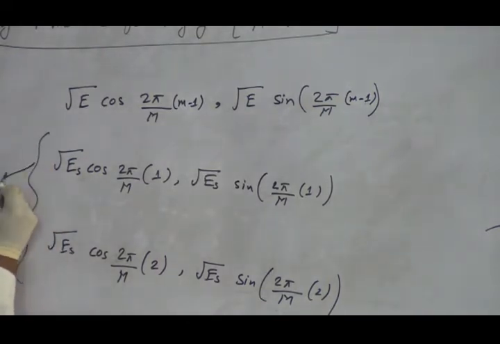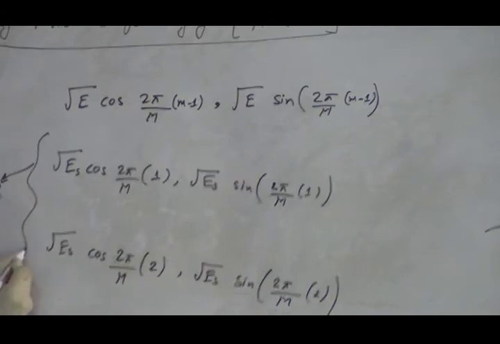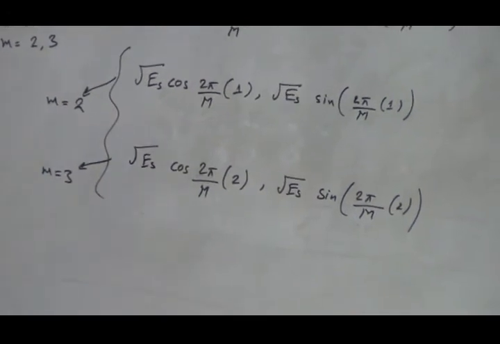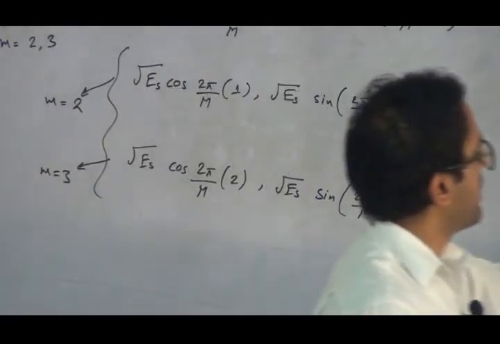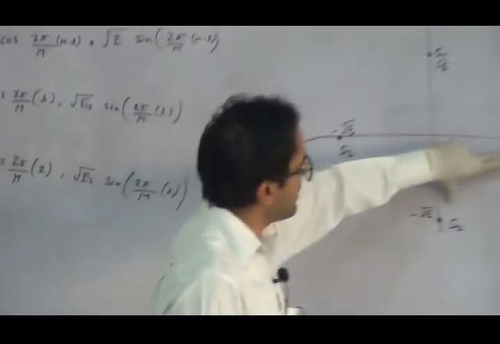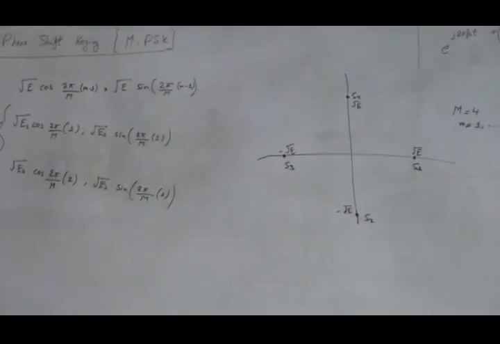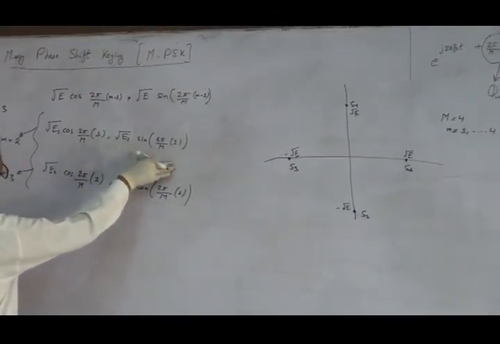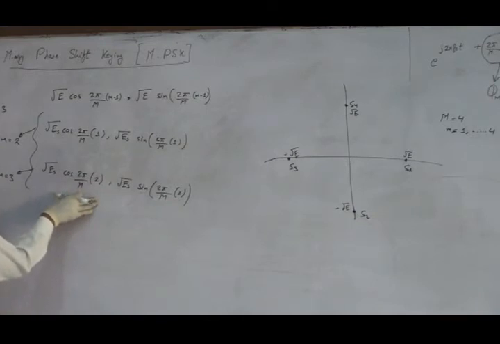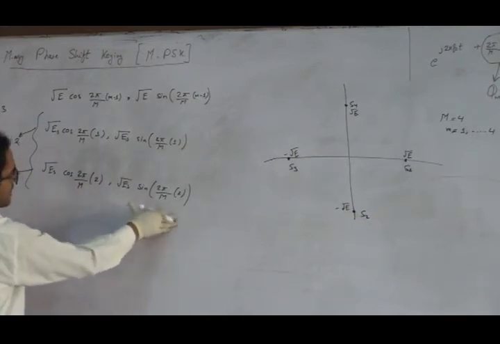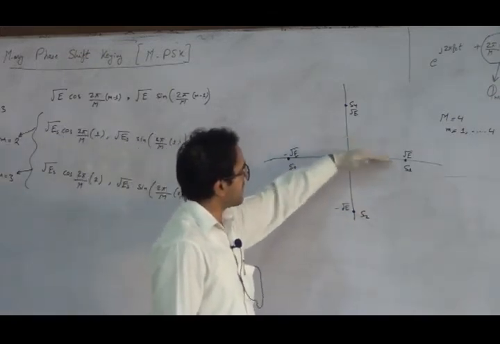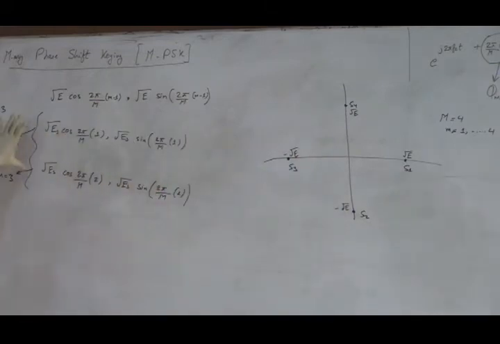This is true for m equivalent to 2 and this is true for m equivalent to 3. So we are getting the 2 points there. We would like to calculate the Euclidean distance between the 2 points. So these are the 2 points and the x component, the y component of it, similarly the x component and the y component of the second point, so we end up getting the 2 constellation points respectively.